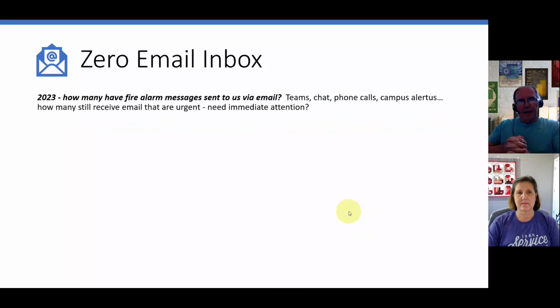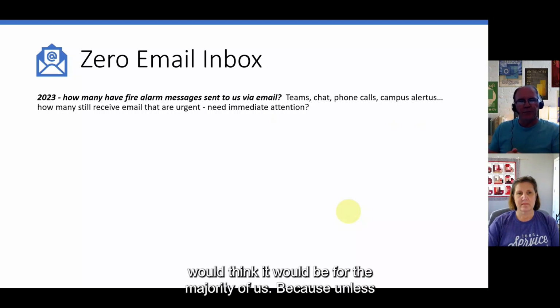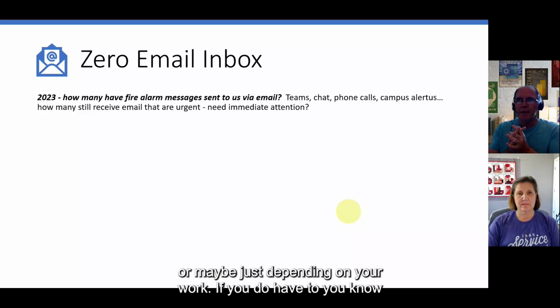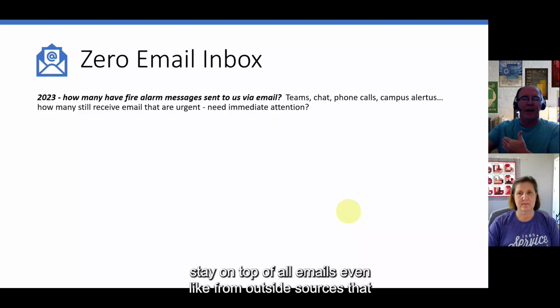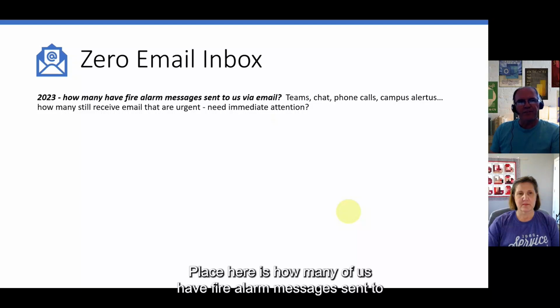This isn't really a recipe or prescription for everyone, but I would think it would be for the majority of us, unless you are at like a help desk where you have to monitor emails, or depending on your work, you have to stay on top of all emails, even from outside sources that use email. But the question I placed here is how many of us have fire alarm messages sent to us by email?